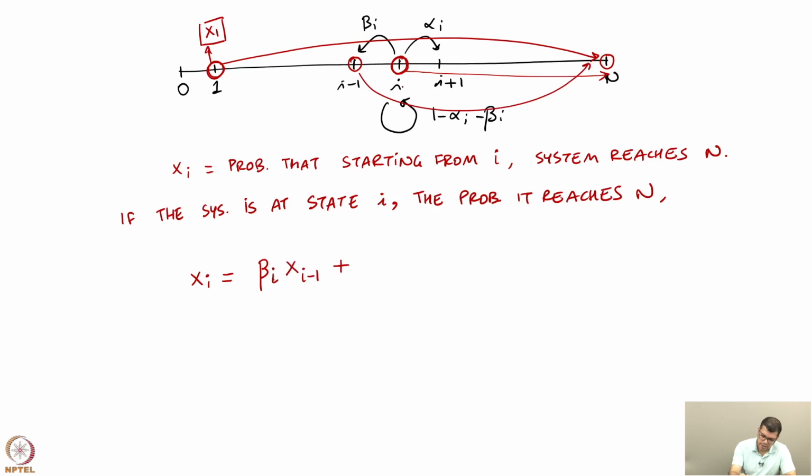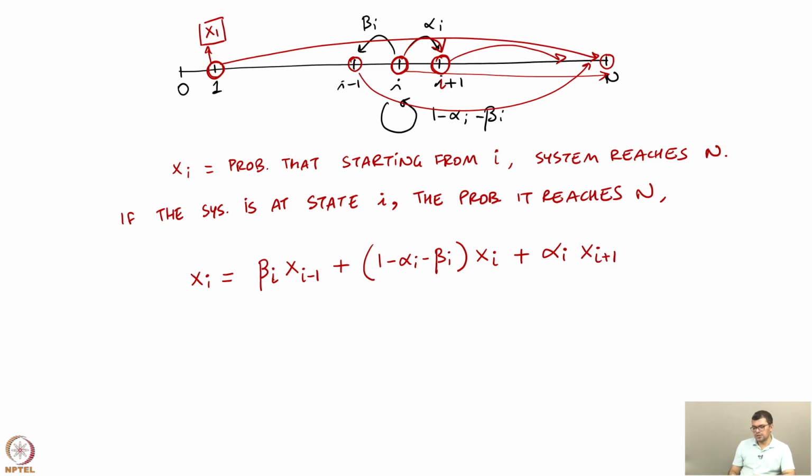Or it can remain at I, whose probability is 1 minus alpha I minus beta I, and this is multiplied by xi, because it remains at the state I, and if it remains here, the probability that it will reach n is just xi. Or it actually makes a forward jump in the Moran process, which happens with probability alpha I, and then its current state is not I, it is I plus 1, and the probability that from I plus 1 it reaches n is simply x I plus 1.